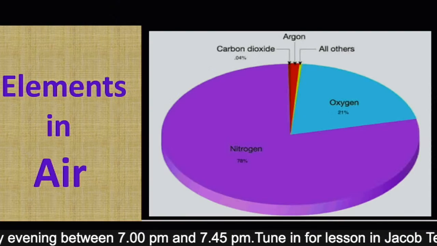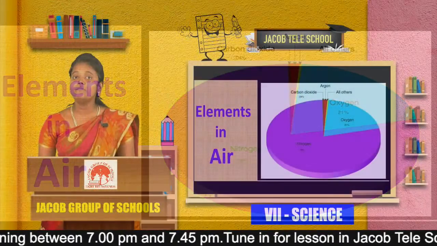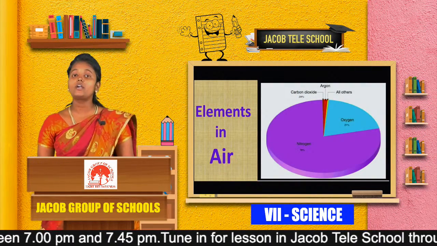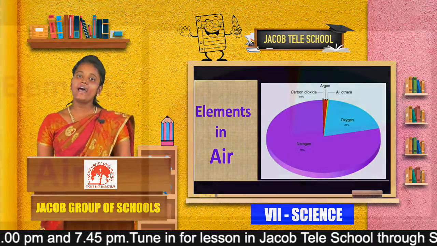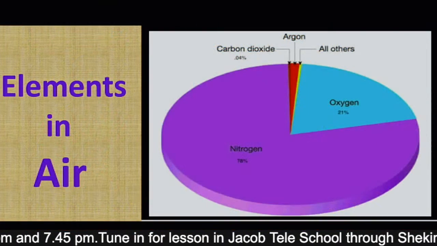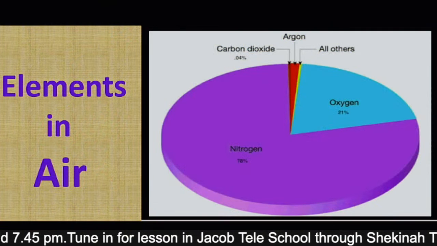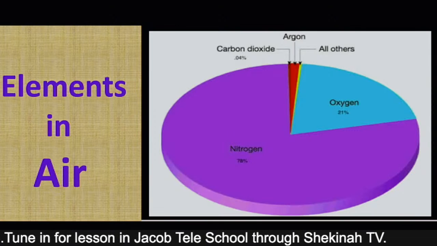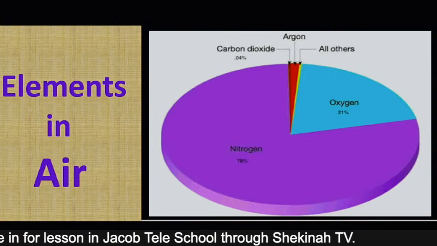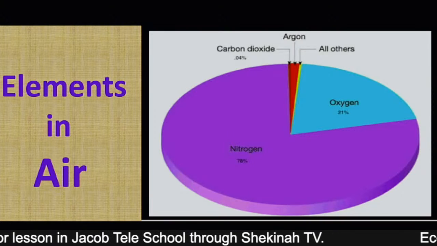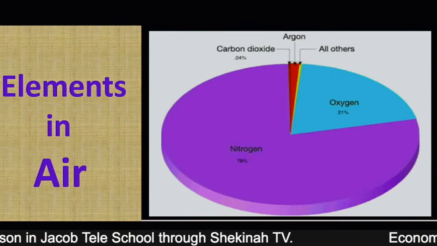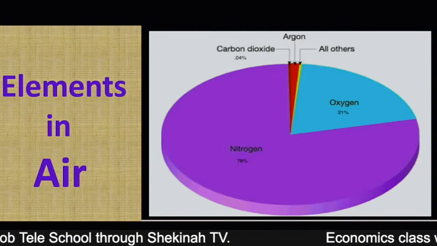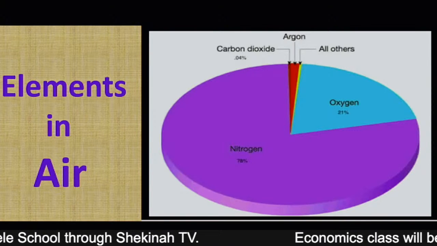Next one is elements in air. So far we have discussed elements in the human body. Now we are going to discuss elements in air. What elements are there in the air? 78% of nitrogen, 21% of oxygen, and then 0.04% of carbon dioxide and argon.